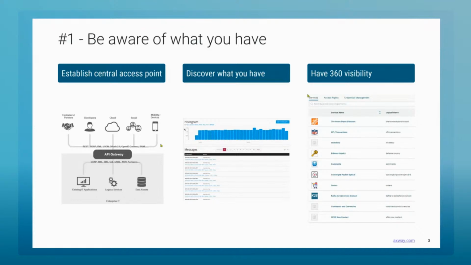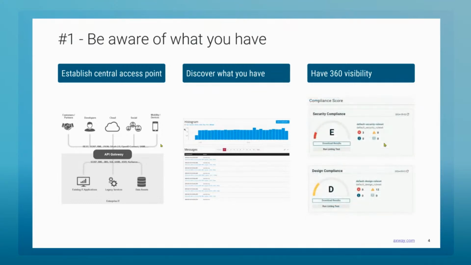And for a visual picture, I just used our Amplify platform marketplace, which allows you to have 360-degree visibility into your API program. And it implements API linting, giving you a way to understand the quality of your APIs in terms of security and design compliance.